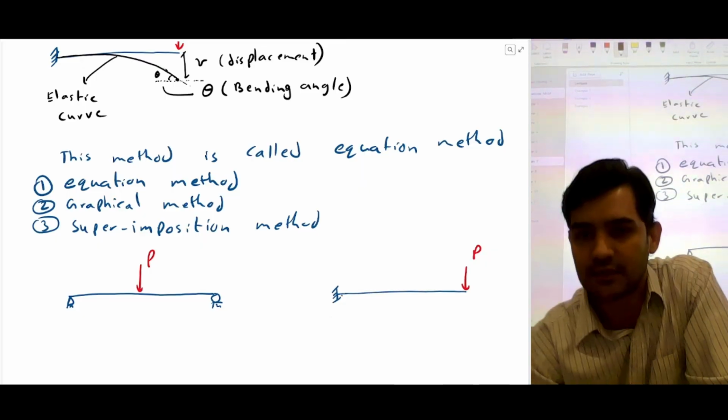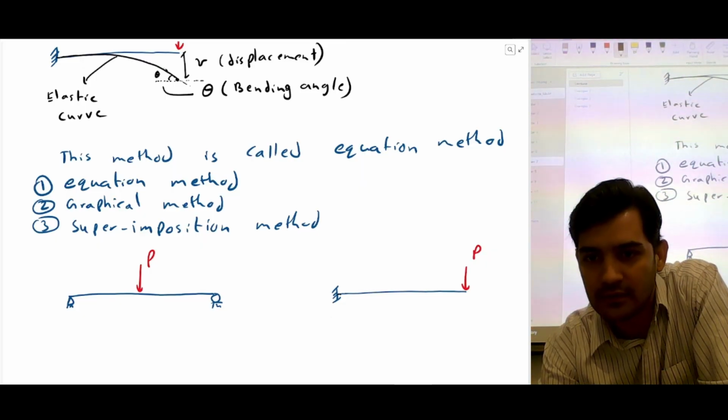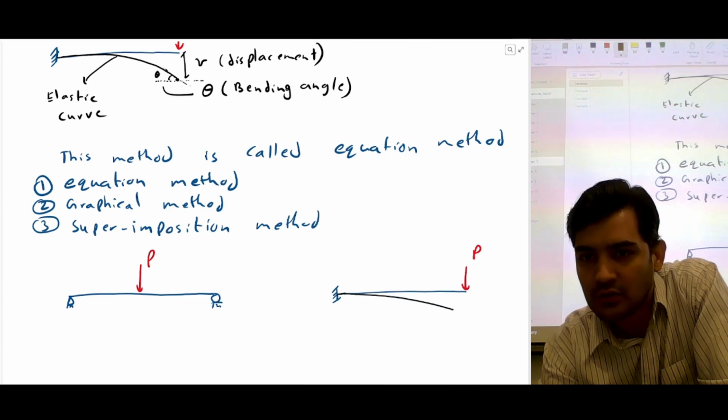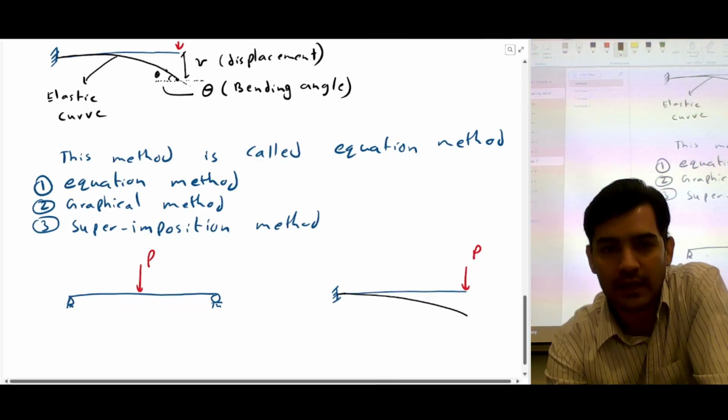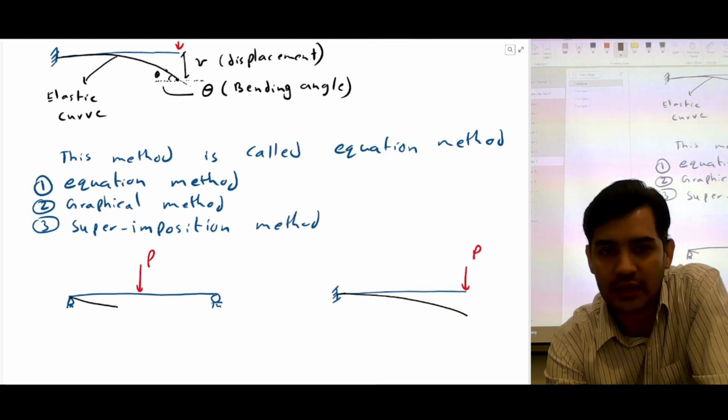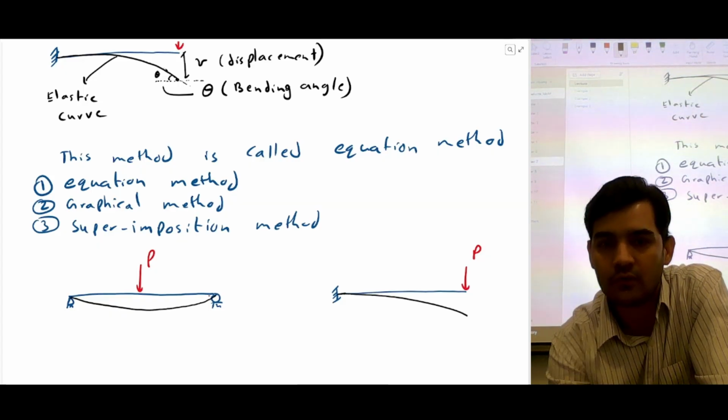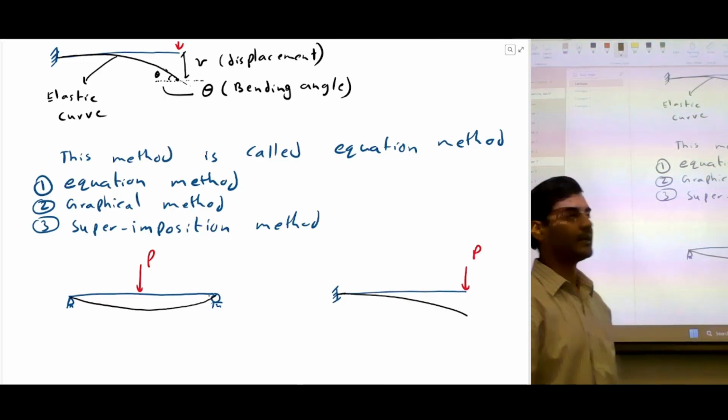I'm going to draw elastic curve here. So this is how the deformations look like for the cantilever case, and this is how the elastic curve looks like for the simply supported case.